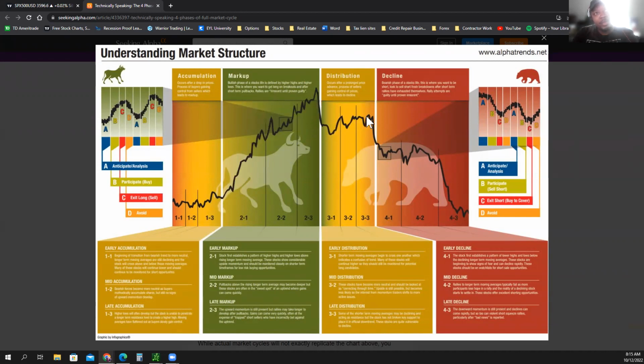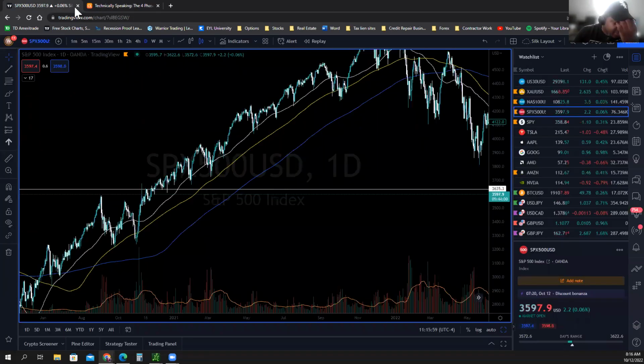Then you have your distribution phase, where again price moves sideways, staying within a range, and then your decline: lower lows and lower highs, continuing down. That's a downtrend. Those are the phases of the market.